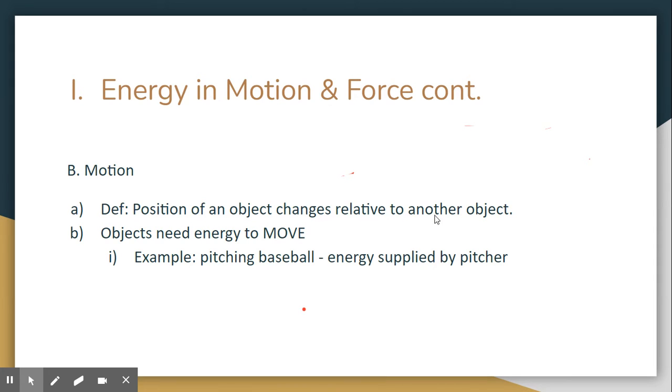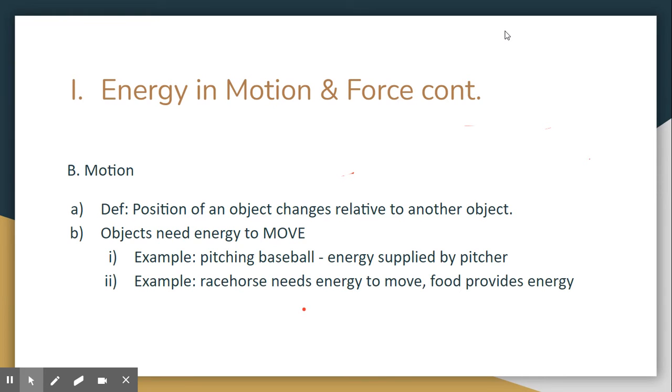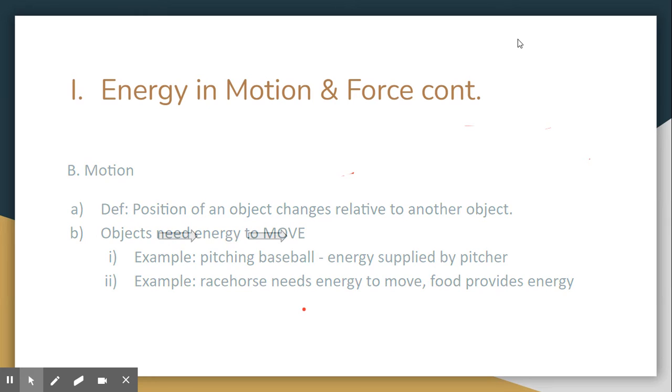That energy is going to be supplied by the pitcher. Or racehorses, they need energy to move. The energy that gives them motion is in the food that they eat. So that food provides the energy that allows that racehorse to move.